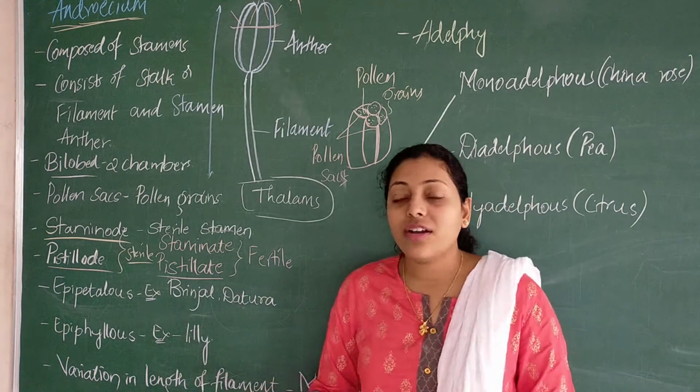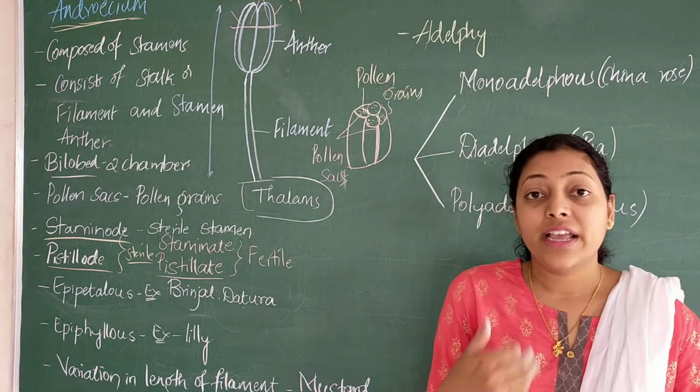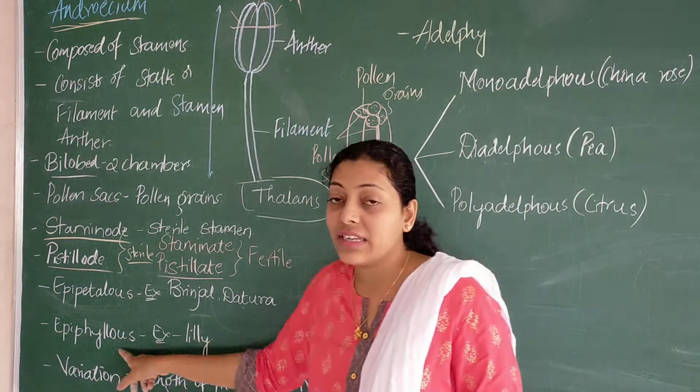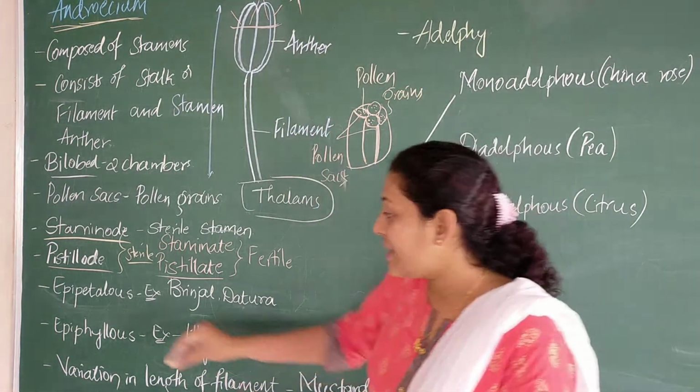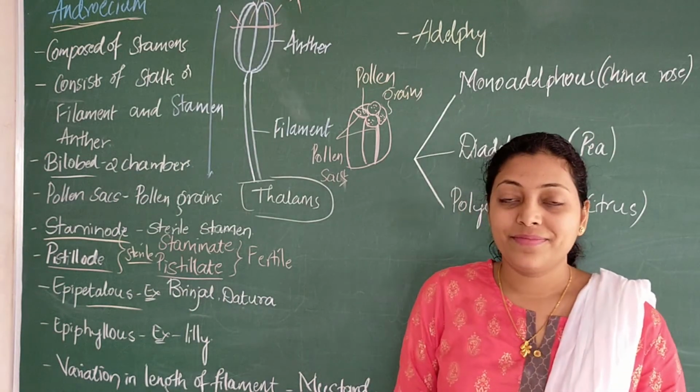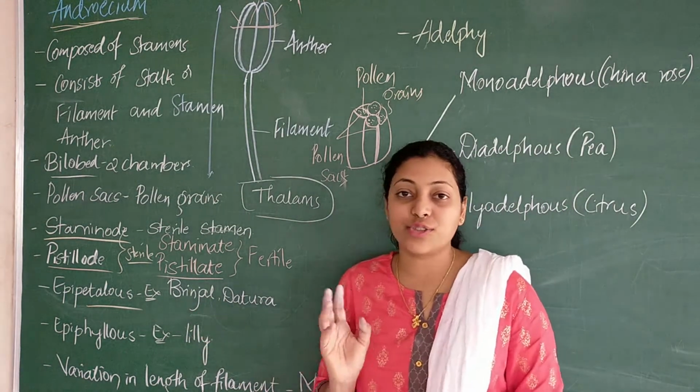And then on the basis of arrangement of these stamens, we get epipetalous and epiphyllous stamens. Epipetalous means stamens are attached to petals, for example the brinjal and datura flower.